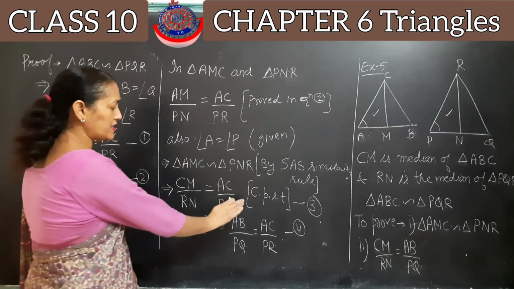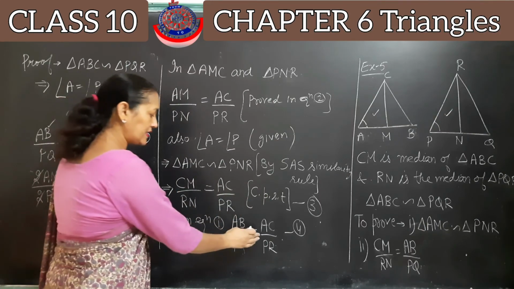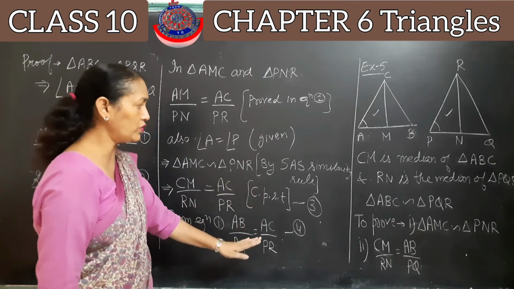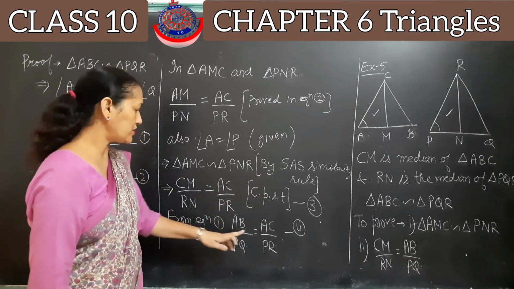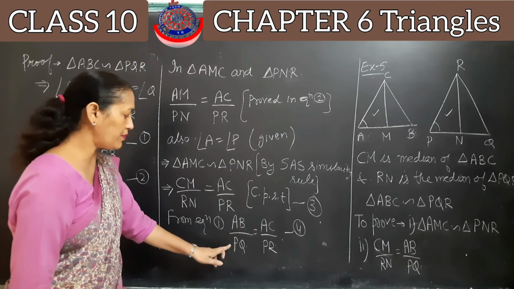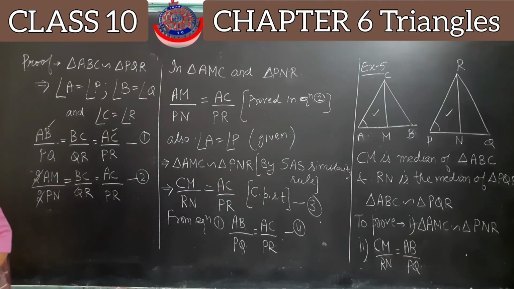Comparing the two equations, AC upon PR is equal to CM upon RN as well as it is equal to AB upon PQ. So from equations 3 and 4, we write that CM upon RN is the same as AB upon PQ. This is what they wanted us to prove.